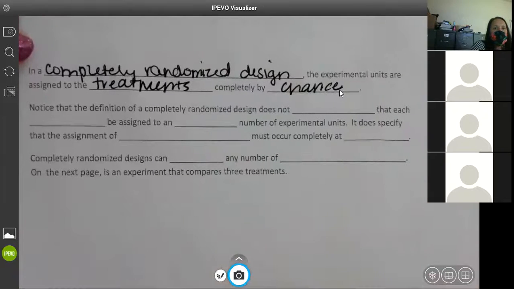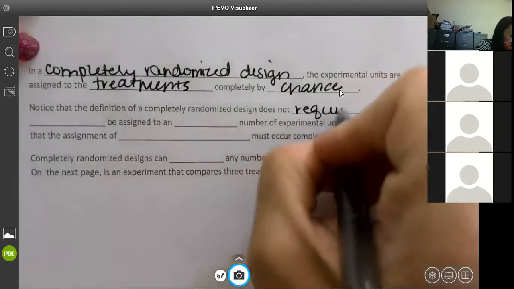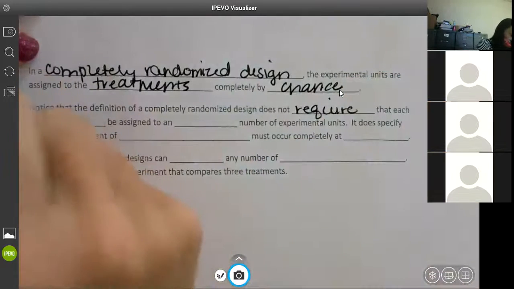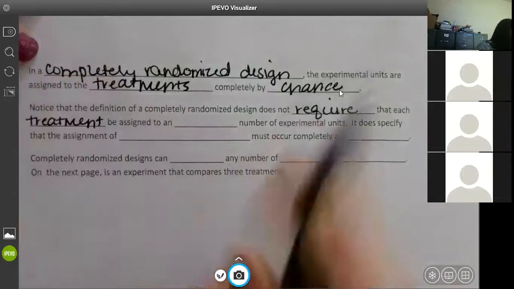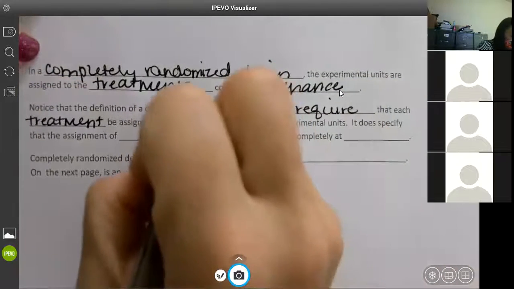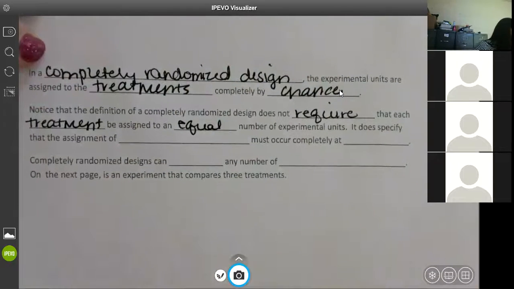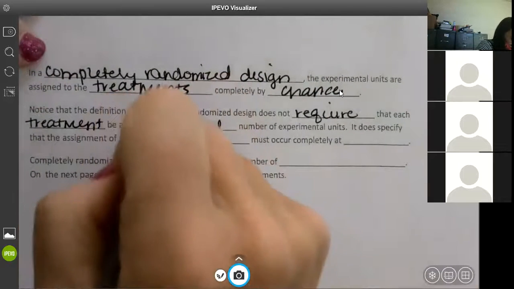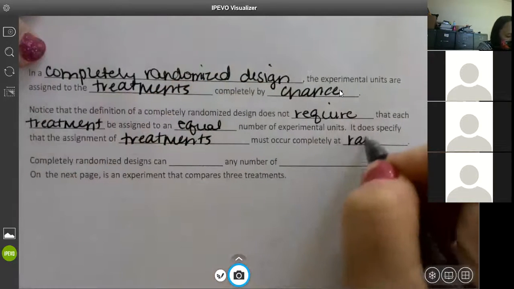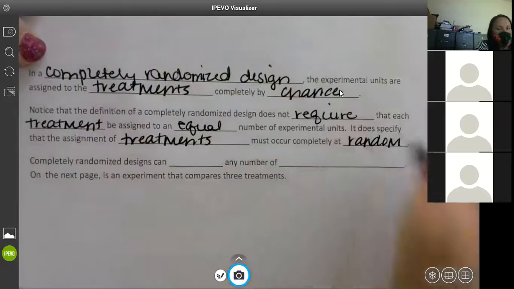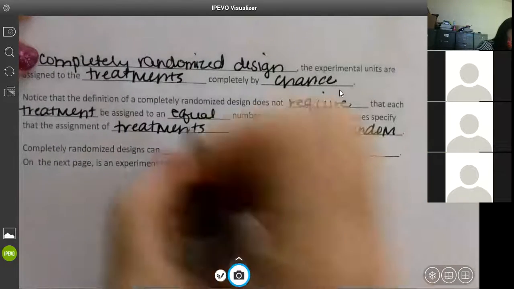Notice that the definition of a completely randomized design does not require that each treatment be assigned to an equal number of experimental units. It does specify that the assignment of treatments must occur completely at random. We'll talk all about this soon, okay? Completely randomized designs can compare any number of treatments.